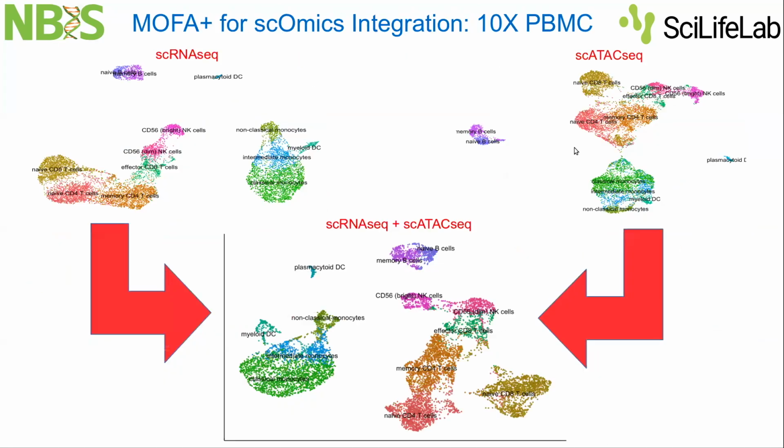It's an interesting way to learn your data. Again, it's a picture from their paper. Technically, the idea was to generate this nice consensus plot by integrating RNA-seq and ATAC-seq. The cells are the same, those are the same biological cells, you just visualize two layers, RNA-seq and ATAC-seq, and this is your consensus plot.